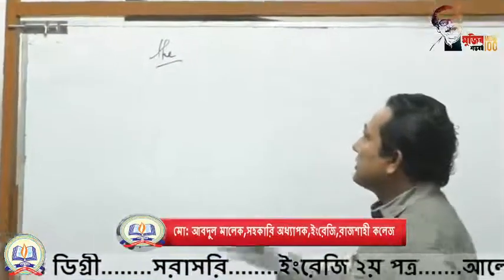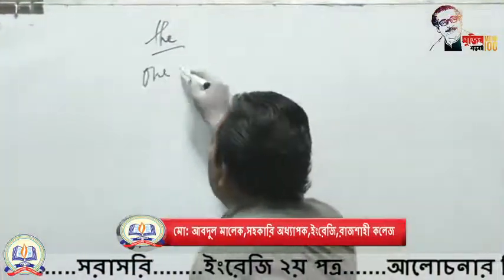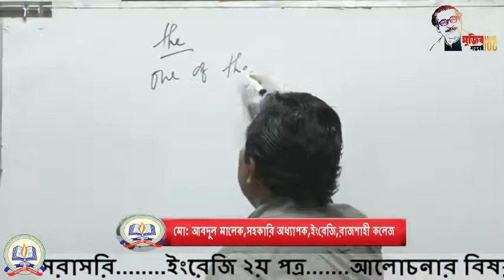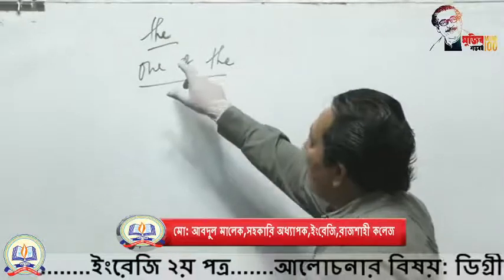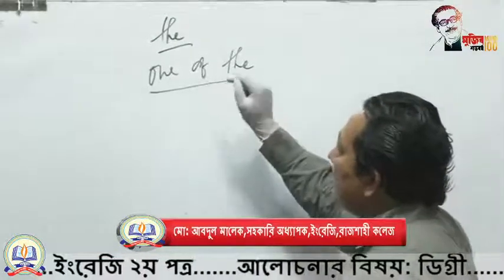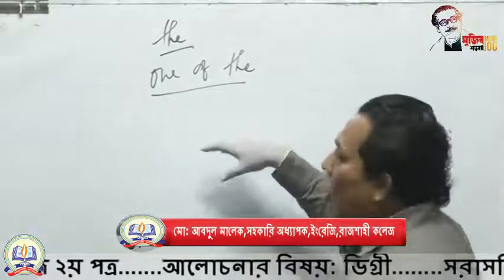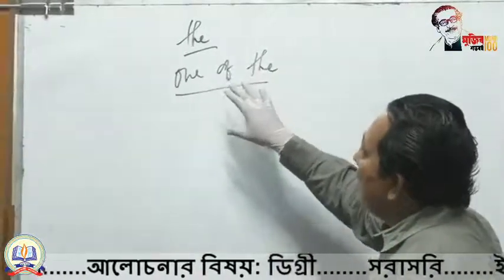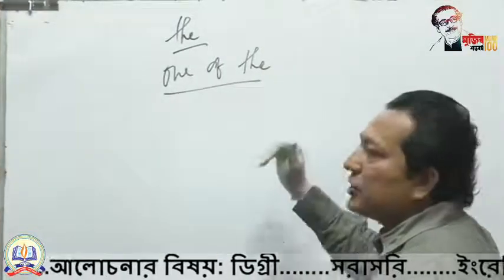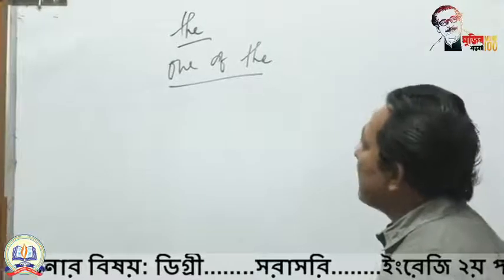Superlative degree is started with "the." And then we have also found "one of the." So in these two ways, if you find the superlative degree, you will find it either by using "the" or "one of the." So if you get "the" and if you get "one of the," the positive form will not be the same. How will you actually remember these things?